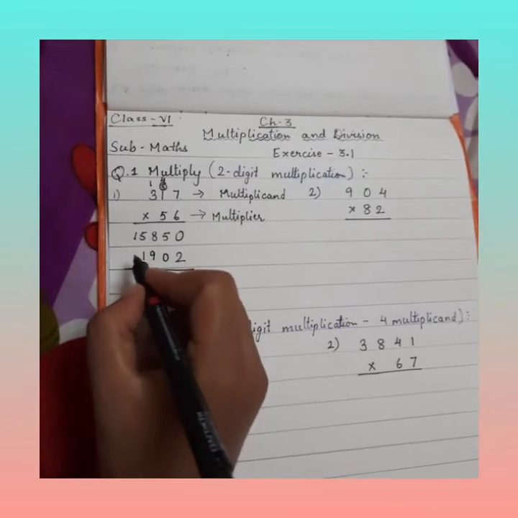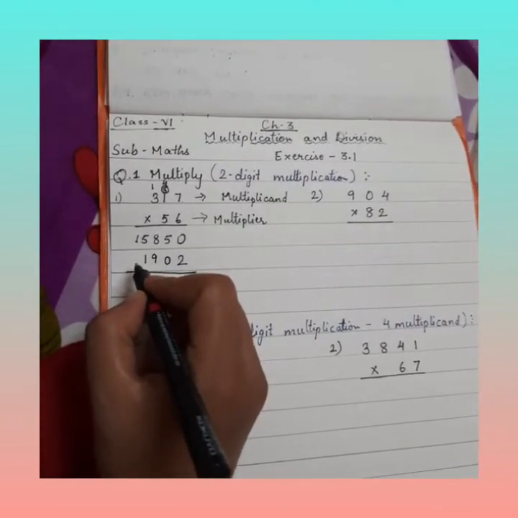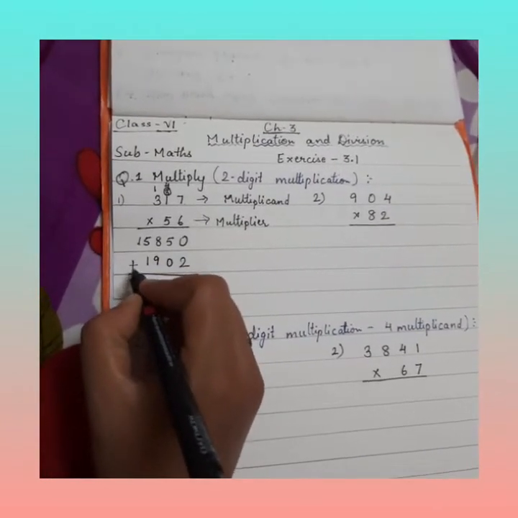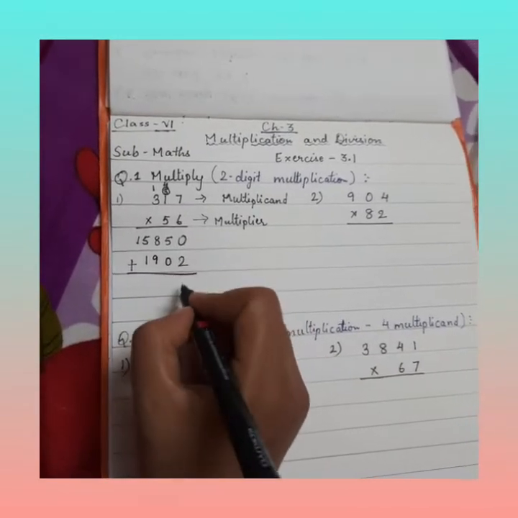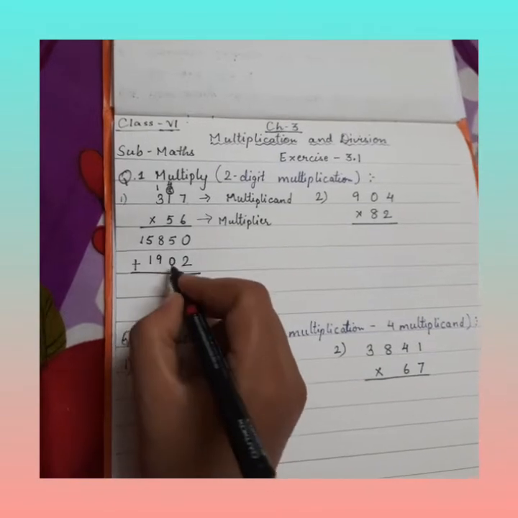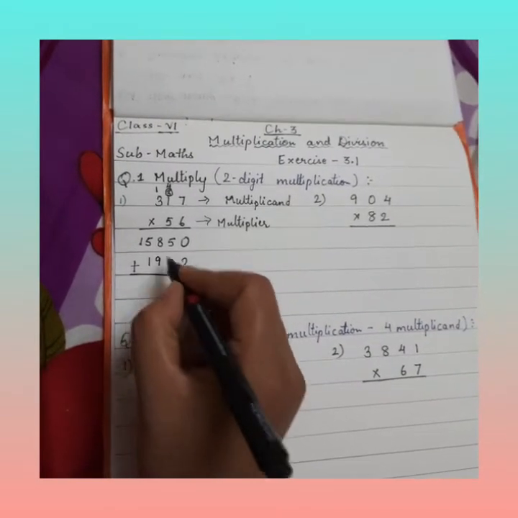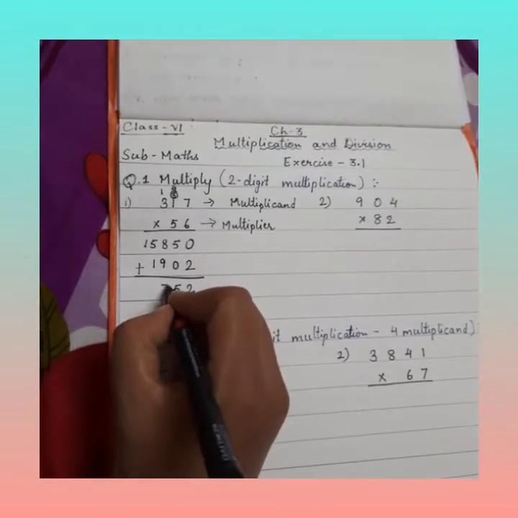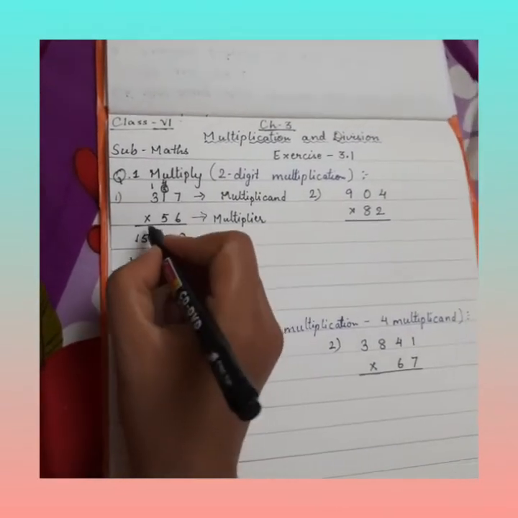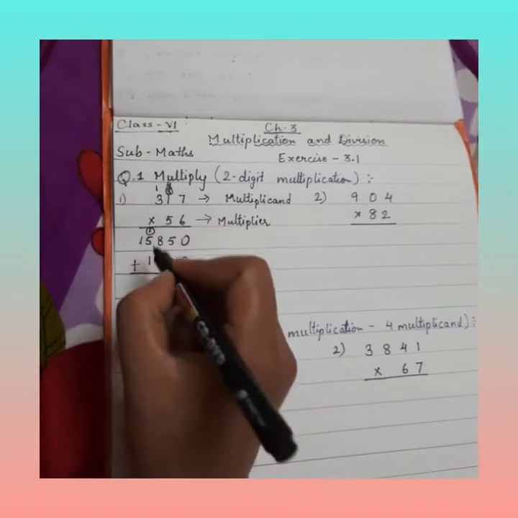So this will be your multiplication. After getting this, we have to add these two numbers. 0 plus 2 will be 2, 5 plus 0 is 5, 8 plus 9 is 17. So for that I will write here 7 and 1 will be carried over.